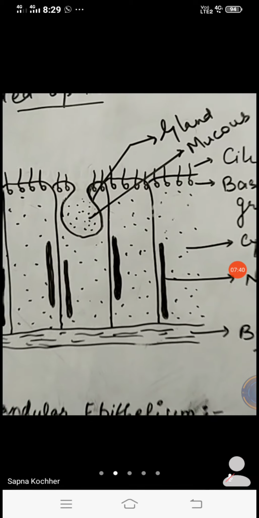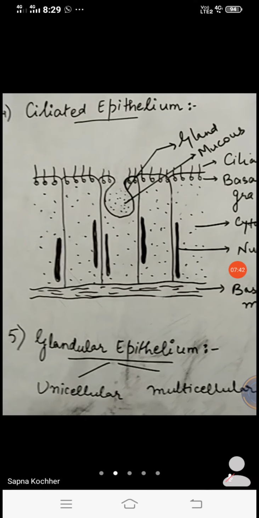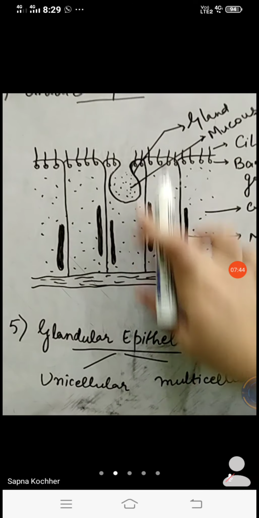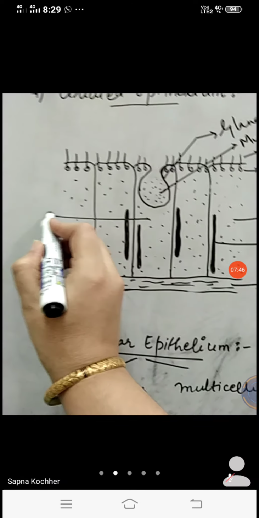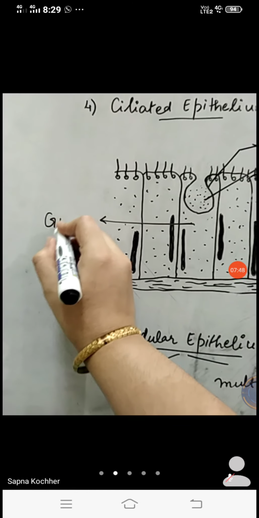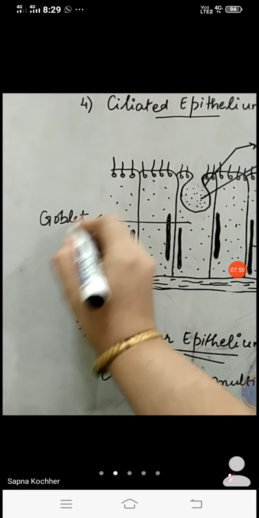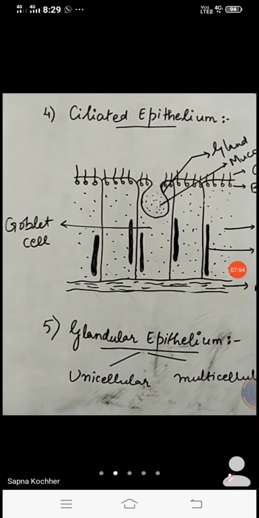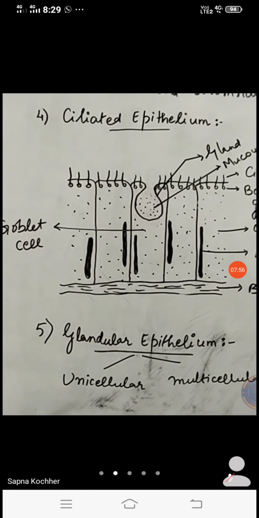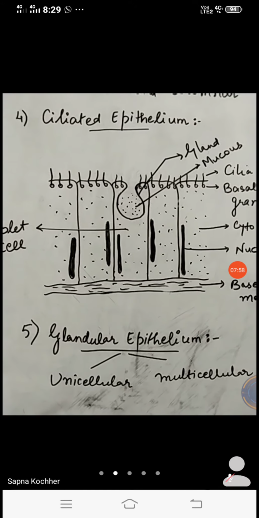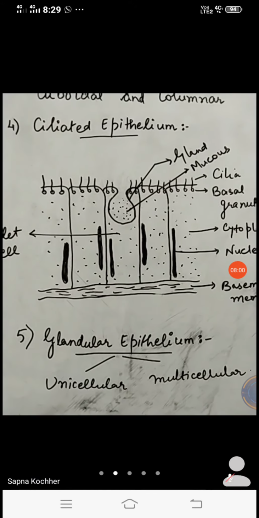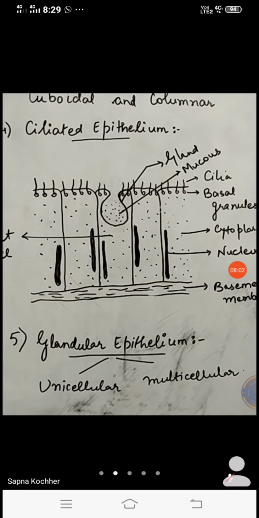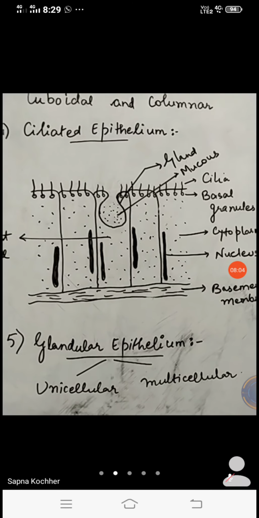And this specialized cell, which bears the gland, will be termed a goblet cell. This will now be called a goblet cell. The one which is bearing the gland, the cells are called goblet cells, right?